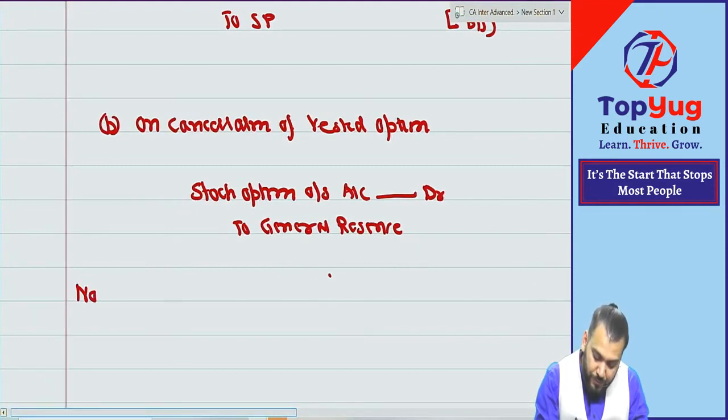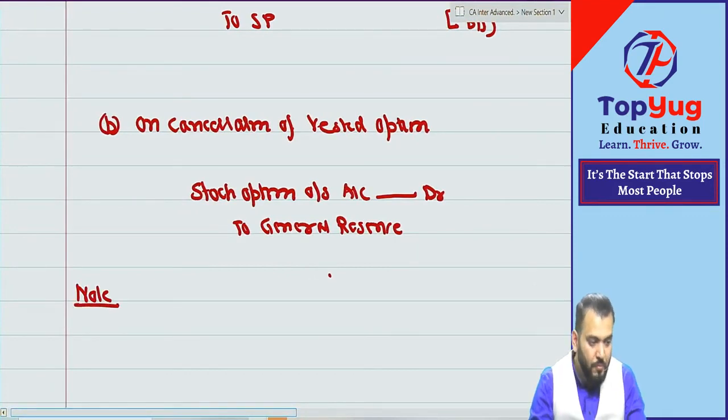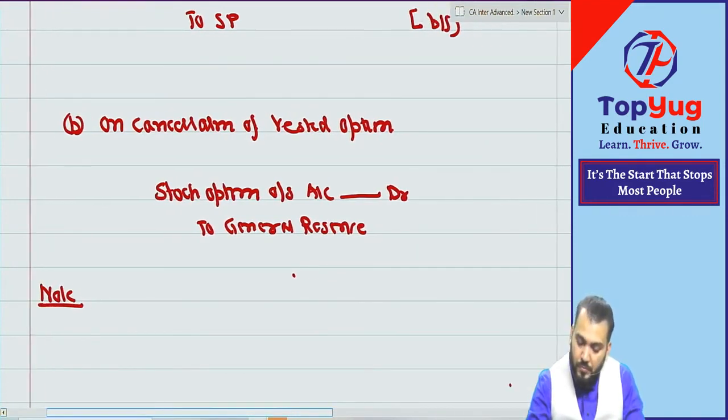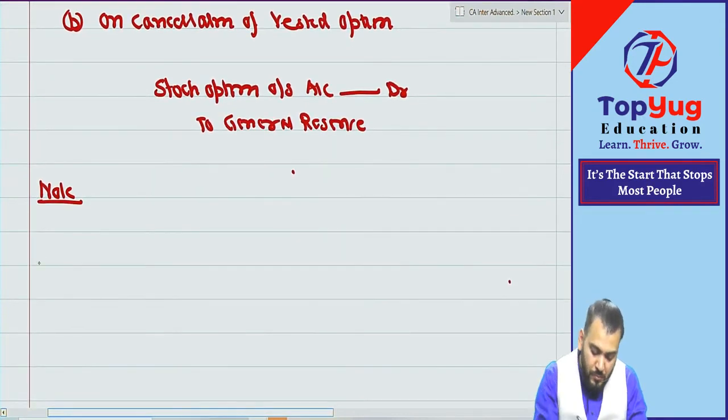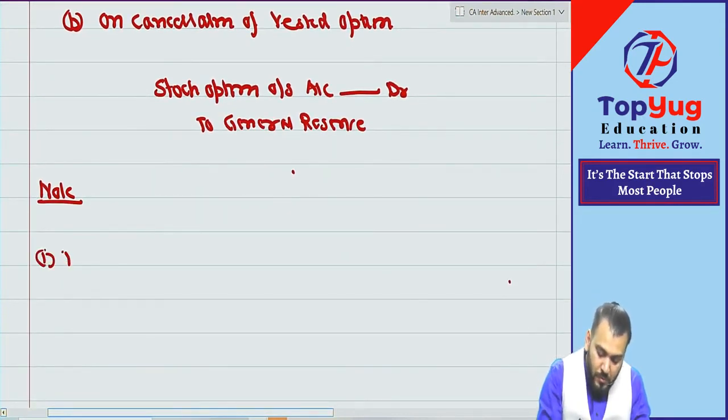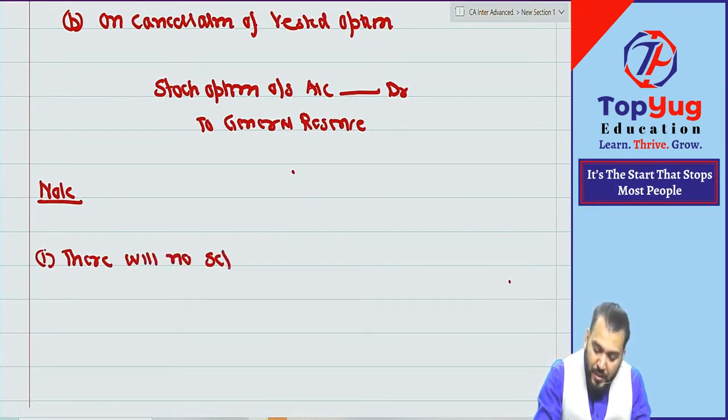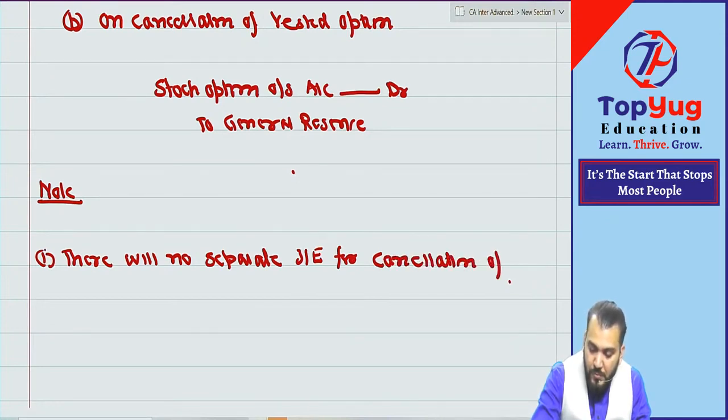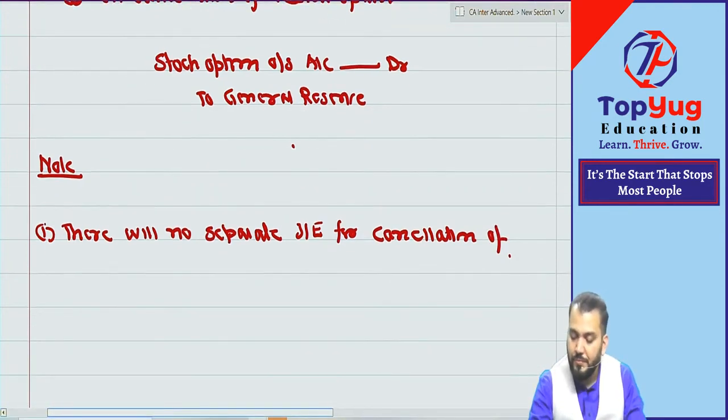Write down one note. There will be no separate journal entry for cancellation of what? Cancellation of what?